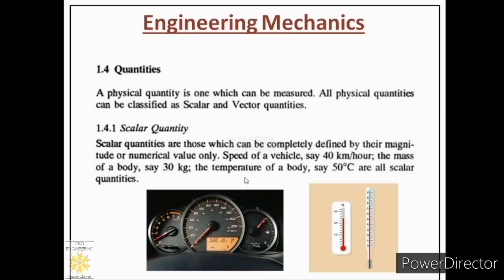Suppose we want to specify the temperature of a body, and when we say that the temperature of a body is 50 degrees Celsius, we are giving only a numerical value 50. We are not giving its direction. We are not saying that in this direction the temperature is 50 degrees Celsius. No, we are just saying that the temperature is 50 degrees Celsius. So it means there is no need of direction, there is only need of a numerical value, that is the magnitude. So such quantities are called scalar quantities.